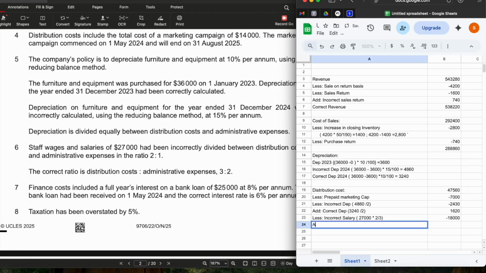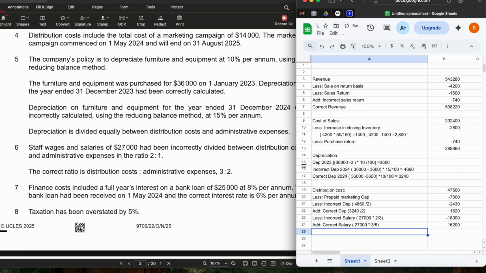Then we'll add back the correct salary. Okay, and the correct salary is 27,000 into, the correct ratio is 3:2, so into 3 divided by 5. Okay, and that will give you 16,200.